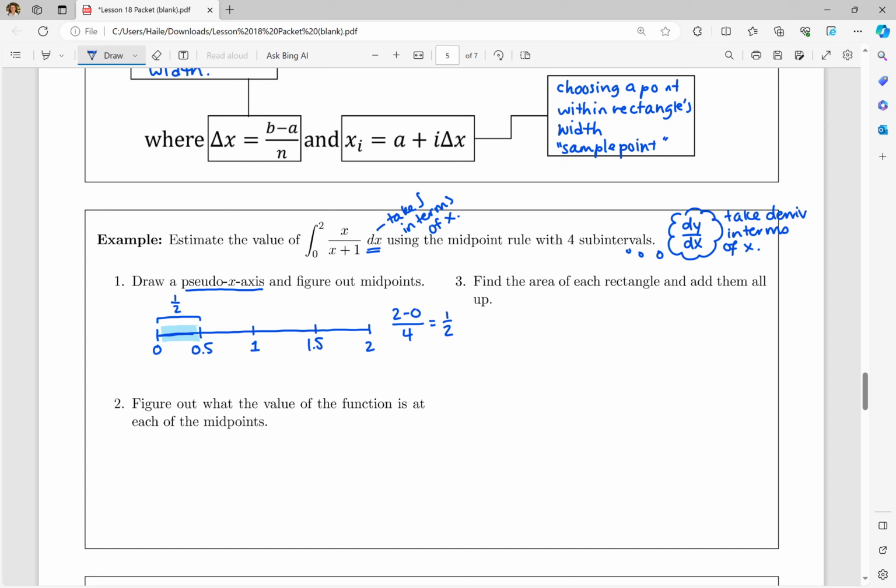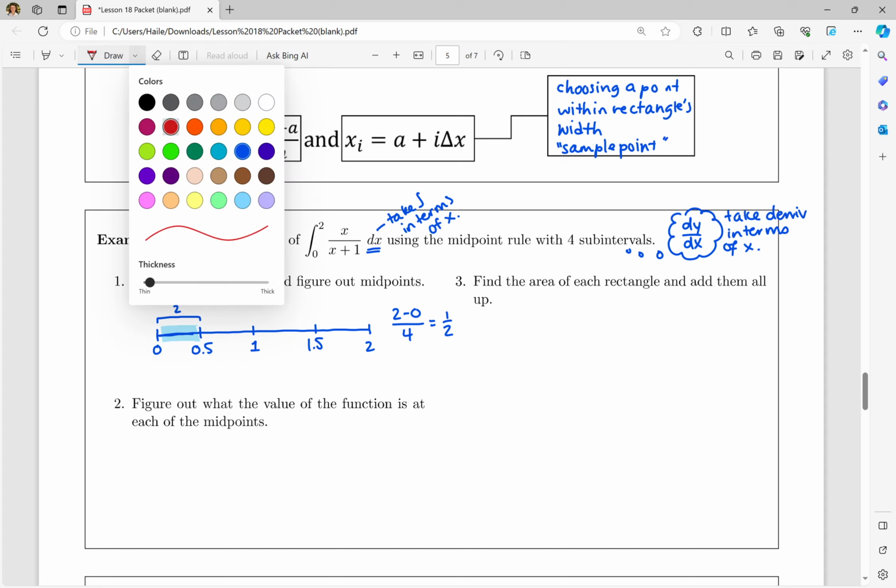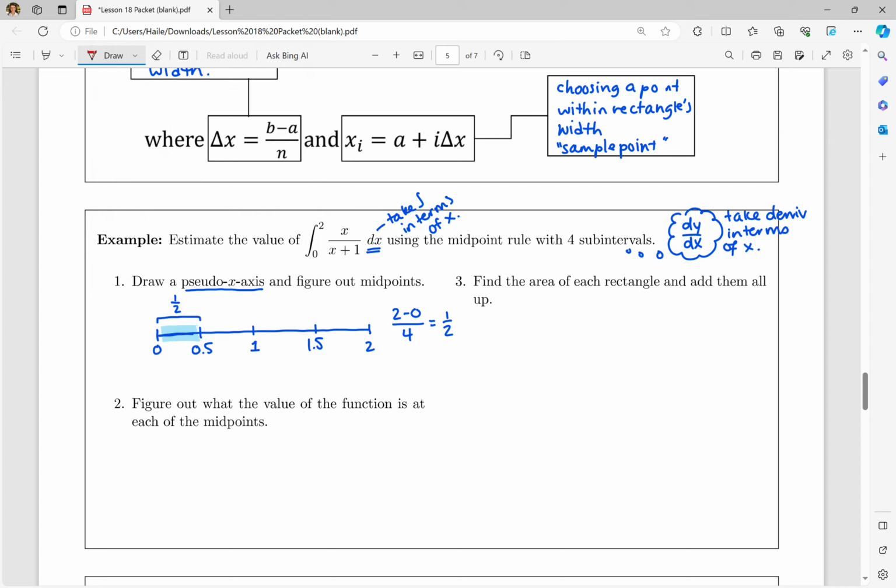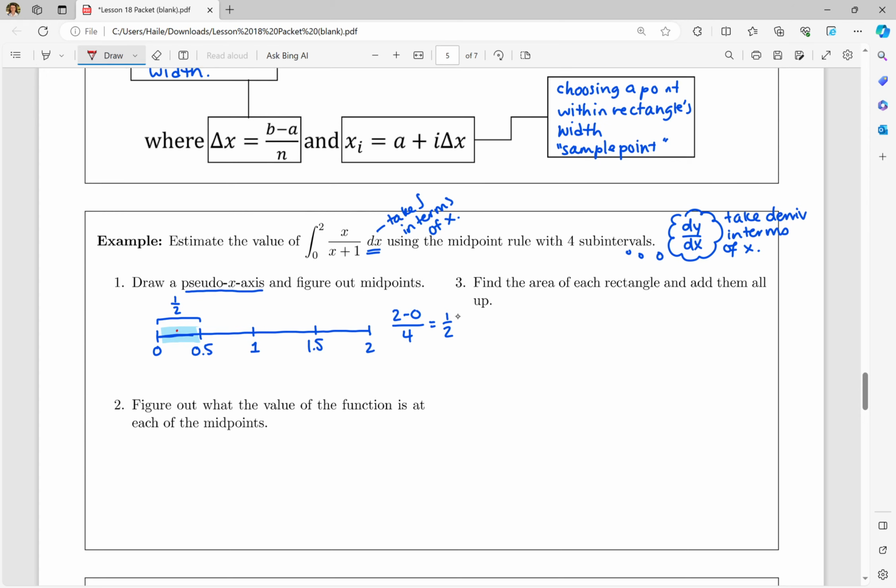Now, we wanted midpoints of these intervals. I found my subintervals, but now I want to find the point within each subinterval that I can use to find the heights of my rectangles. So I'm going to find the midpoint of each subinterval, and I'll do that in red so you can tell the difference.